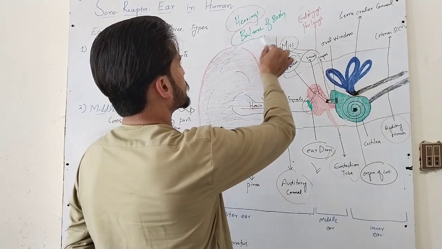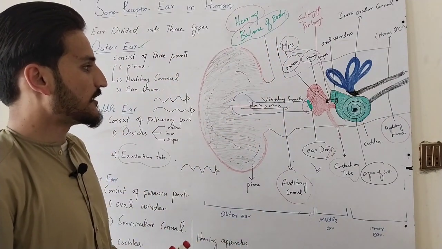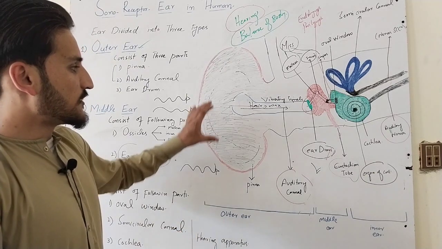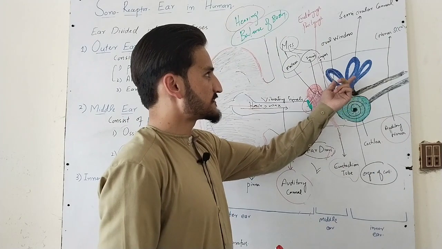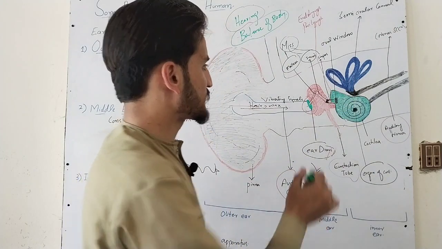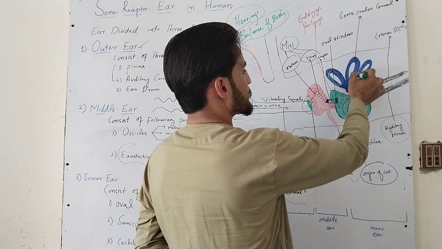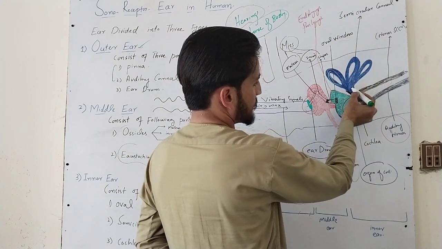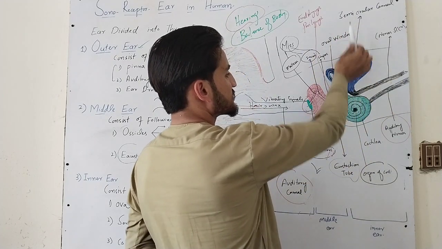Another function of the human ear is to maintain the balance of the body. If we look at the diagram again, in the semicircular canal also the fluids, endolymph and perilymph, are present. The vestibule is also attached to the semicircular canal.